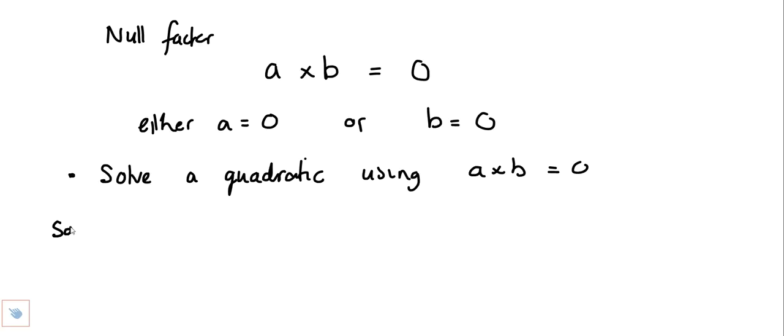So if I asked you to solve x squared plus 7x plus 10 equals 0. Now what people try and do is they minus 10, put 10 on the other side, then they try and divide by x, and they just make a mess.